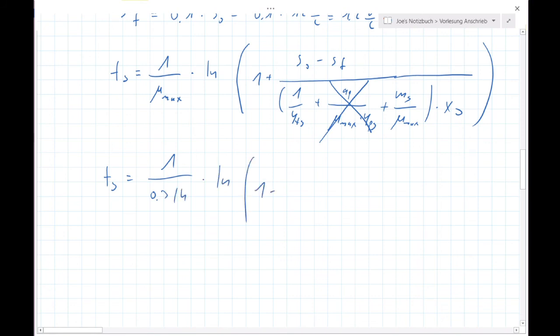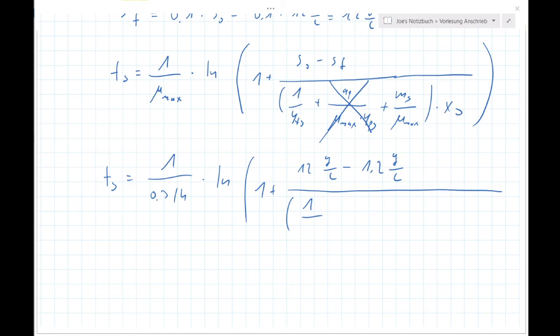And then we have 1 plus S0, as we have calculated, 12 grams per liter, as it's given, and SF we have calculated is 1.2 grams per liter. And then we divide. We have 1 divided by YXS. YXS is given and it's 0.06 grams per gram.